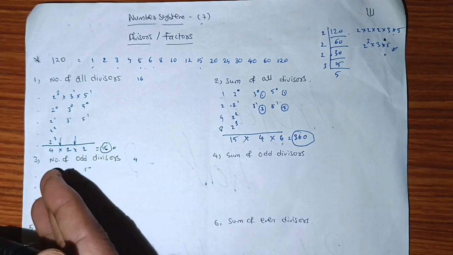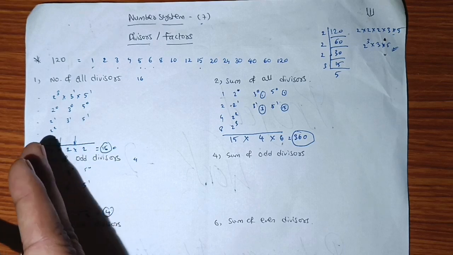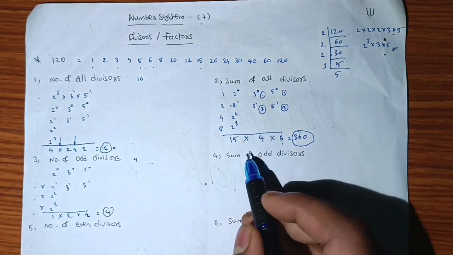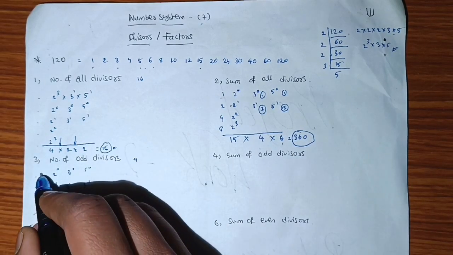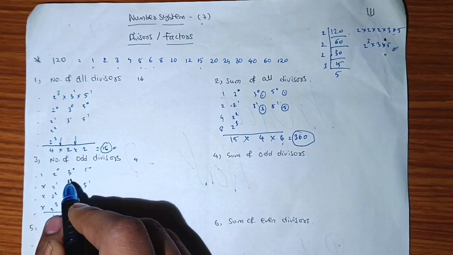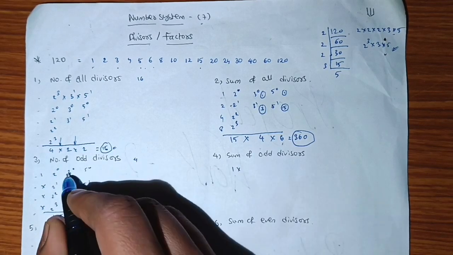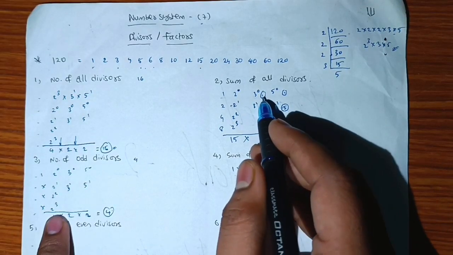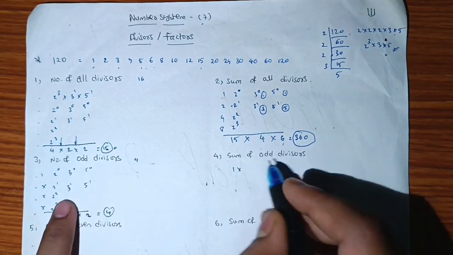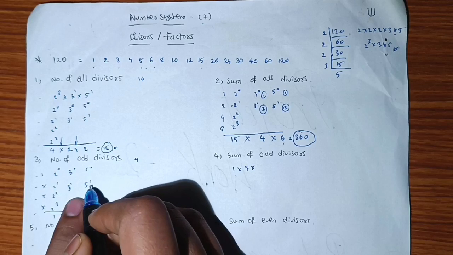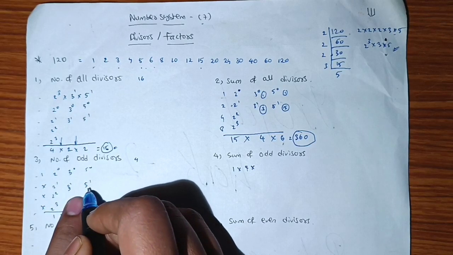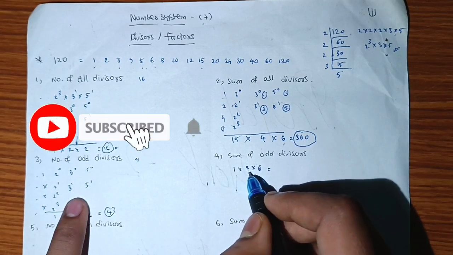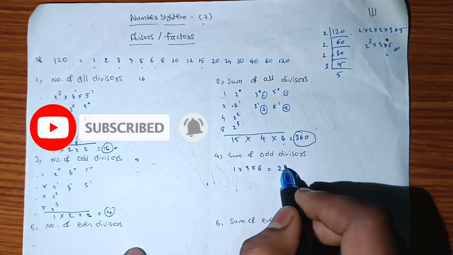For the sum you need to take the sum of each column, and then multiply across the columns. So here for 2 it is 1, for 3 it is 3 power 0 which is 1 plus 3 which is 4, and for 5 it is 5 power 0 which is 1 plus 5 which is 6. So if we multiply this, 1 into 4 is 4, 4 into 6 is 24.